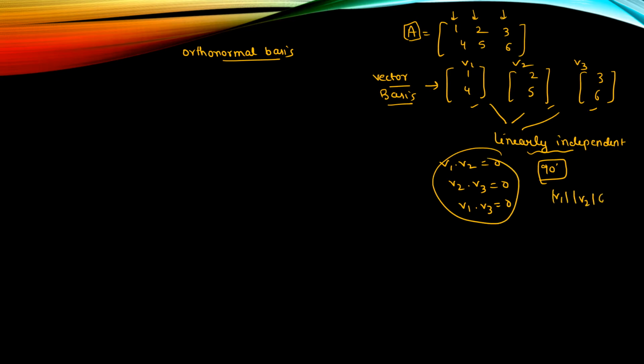If theta is 90 degrees, cos theta gives us 0. So if the column vectors' inner product gives us 0, that means those bases are orthonormal bases.